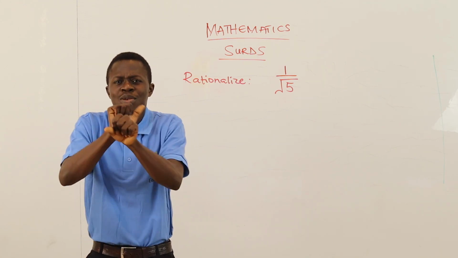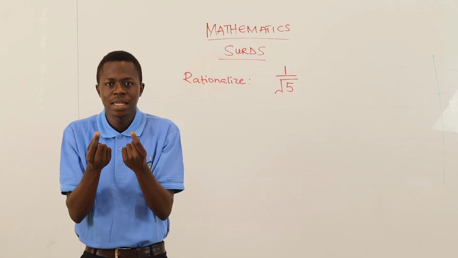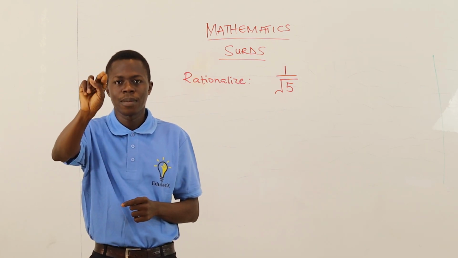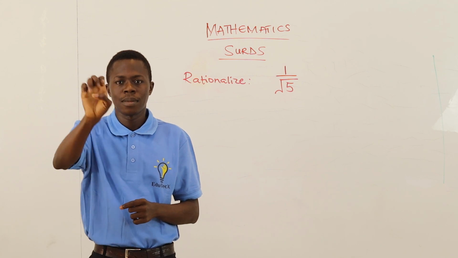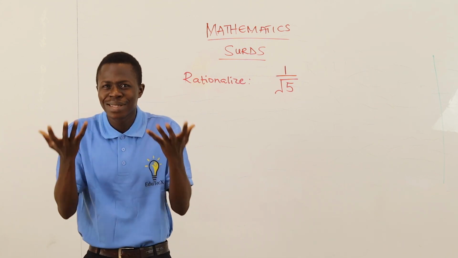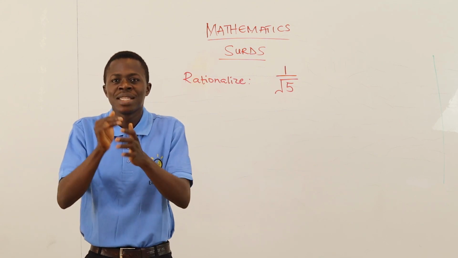With the example 1 divided by the square root of 5, if we want to simplify such an expression, what do we do? That is where we use the rationalization of surds.